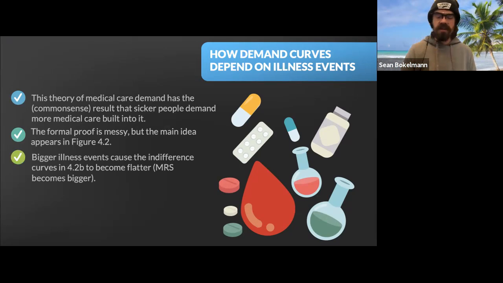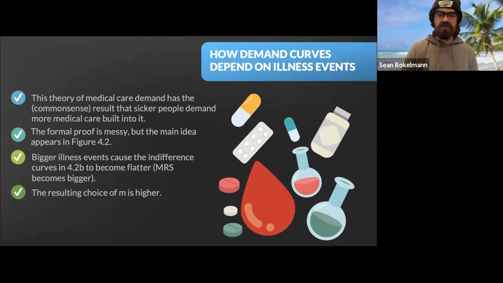The way that we can think about this is that bigger illness events, or in other words, things that cause a greater loss of health, cause the indifference curves in 4.2b to become even flatter, which technically means the marginal rate of substitution becomes bigger. And therefore the resulting choice of M is higher.